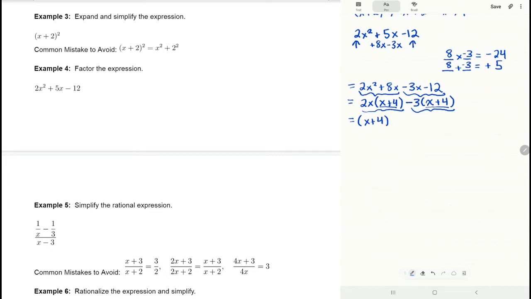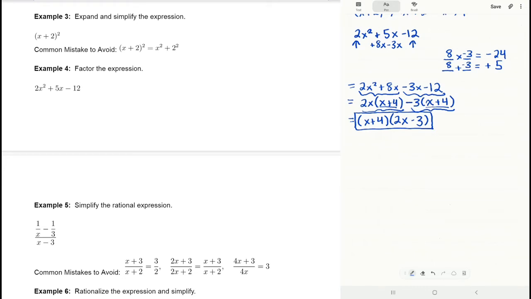So if we take out the x plus 4 from the first term, I am left with a 2x. And if we take out x plus 4 from the last term, I am left with a negative 3. And so this gives us our factorization, which is x plus 4 times 2x minus 3.